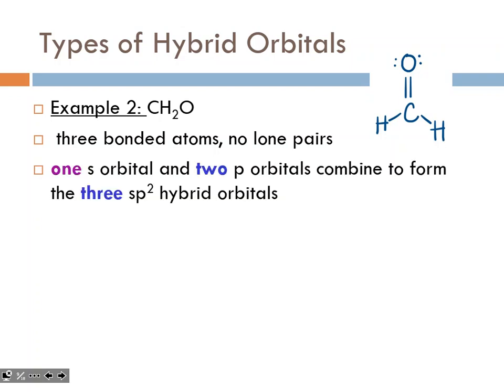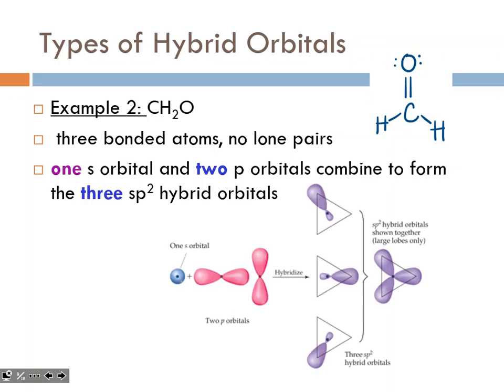And of course, the first one to merge is s. It's the lowest energy one, and then two p's will merge in, and you get sp2 hybrid orbitals. And since you have one s and two p's, that means a total of three hybrids. Back to the blue and red make purple.